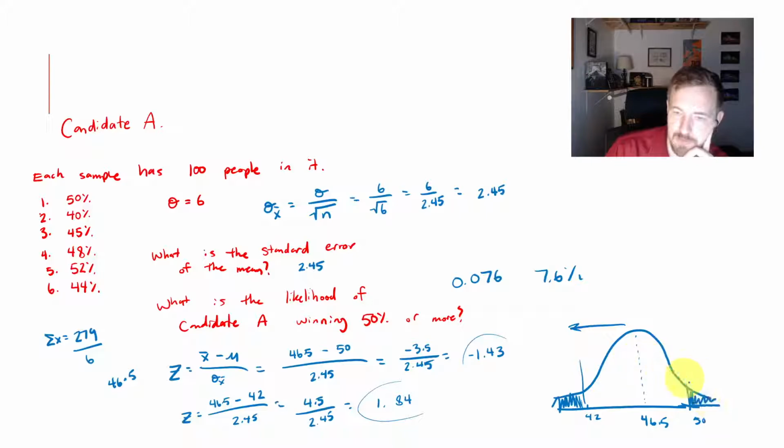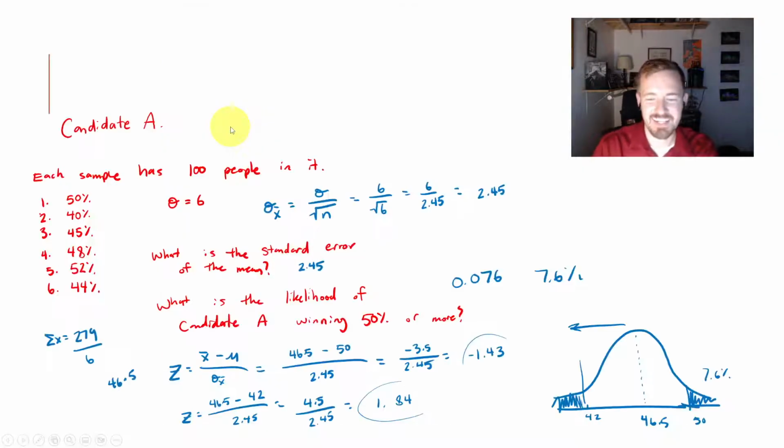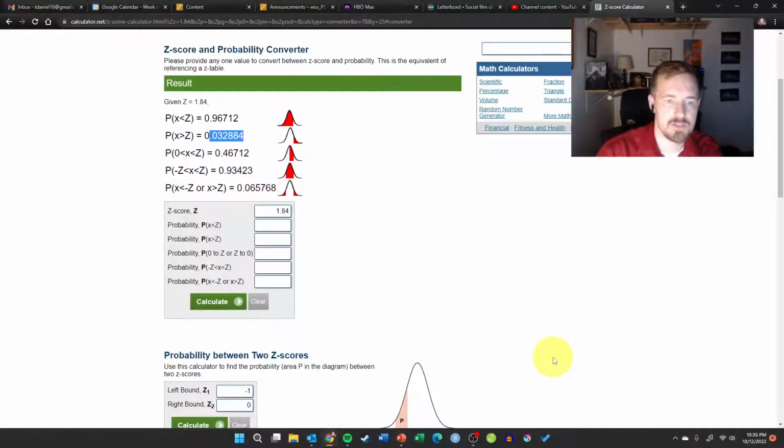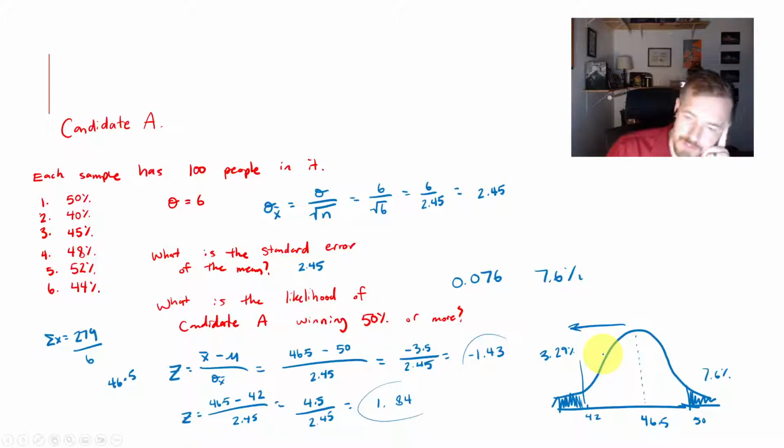And 50 we established is 7.6%. So what is this small value? We're going to take this value, 0.0328, and turn that into a percentage. Was it 3.2? Yeah, 3.29, because I'm rounding up. So the likelihood they are going to score less than that is 3.29%.